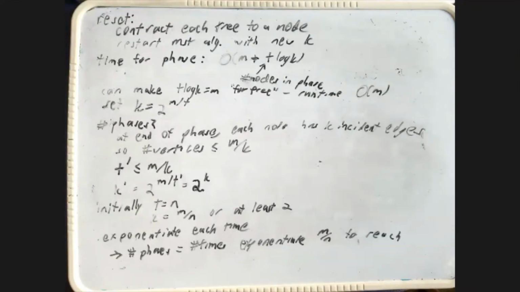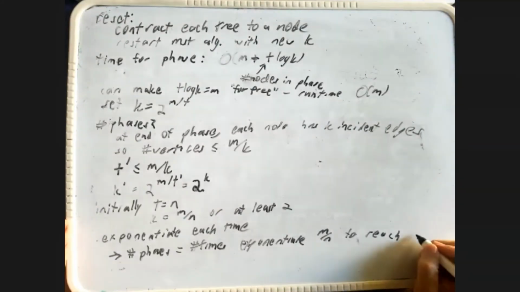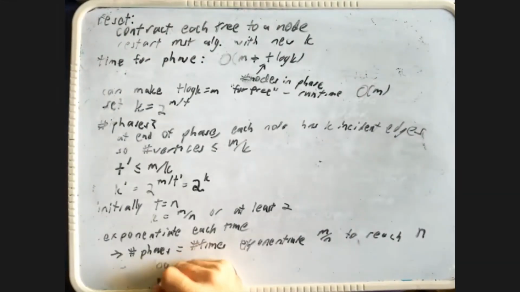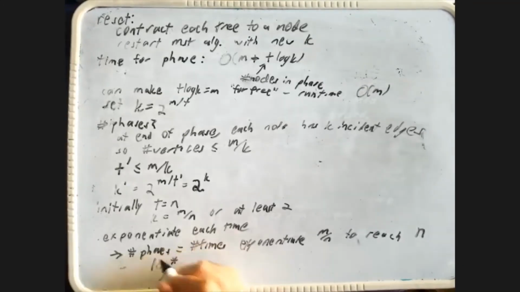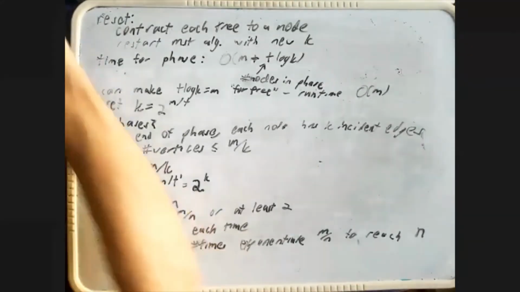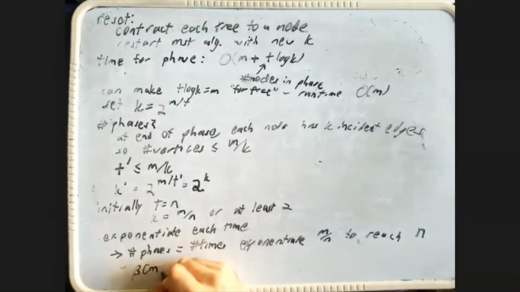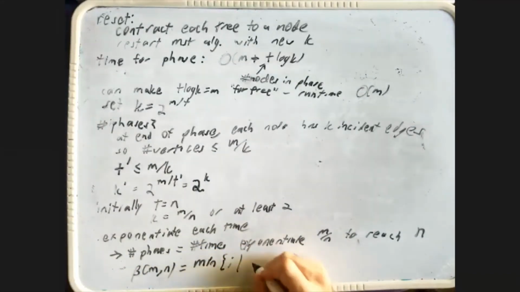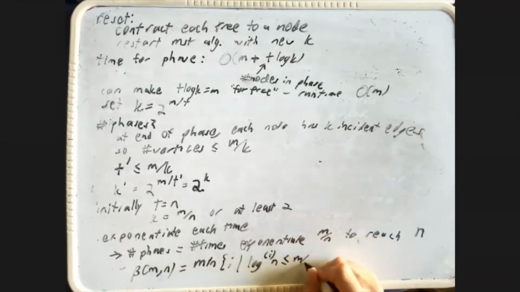When it's greater than n, then we don't need to do it. Exactly. If our neighborhood size reaches n, we're done because we're attached to every single vertex. And this is represented as log star, as beta of m over n, which is just equal to the minimum value of i such that log iterated i times of n is less than or equal to m over n.